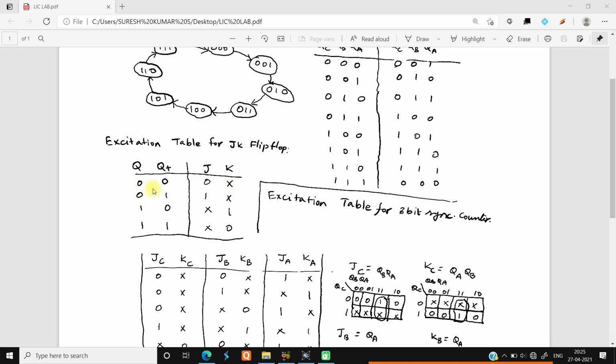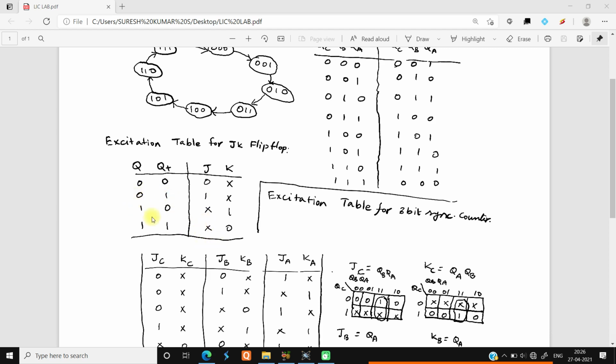Because this is a memory state, another memory state is possible: if the present state is 1 and the next state is 1, meaning the 1 is maintained, then JK can be 00, or J can be 1 since the output is maintained as 1. Since J can be 0 or 1, we put a cross mark here.